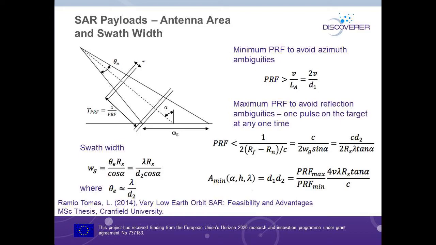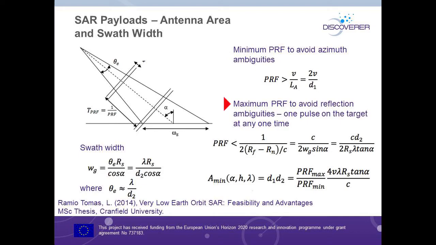One is a minimum pulse repetition frequency to avoid azimuth ambiguity. The azimuth is the along-track direction, and the PRF has to be greater than the velocity of your satellite divided by the length of the antenna. Sorry, the ground resolution, effectively. Because if you're moving along, then otherwise you're blurring out your pixels by the fact that you're moving.